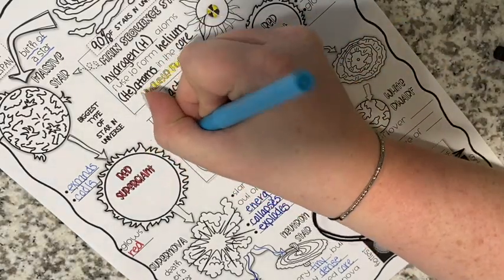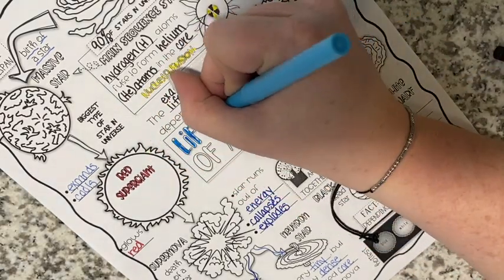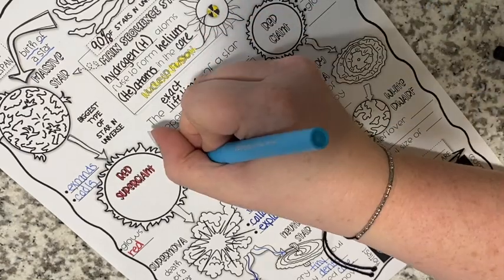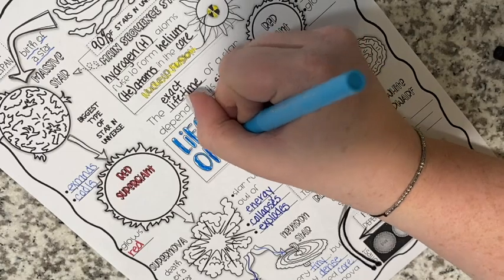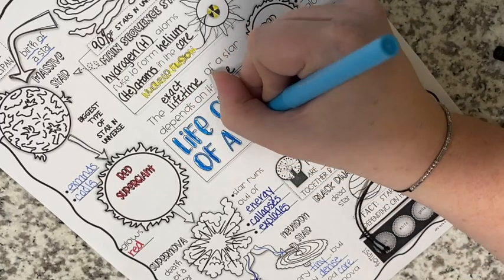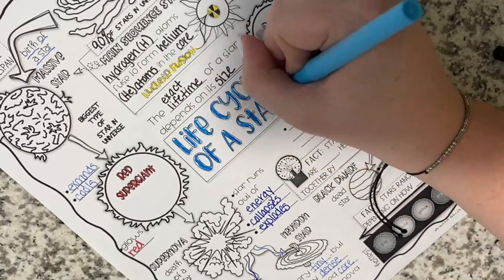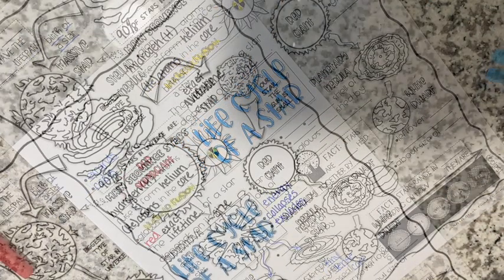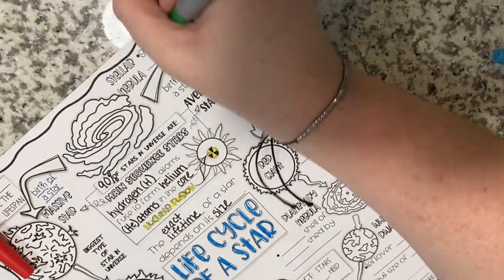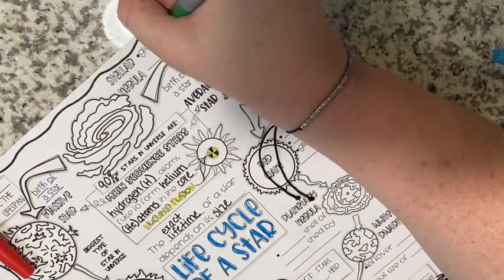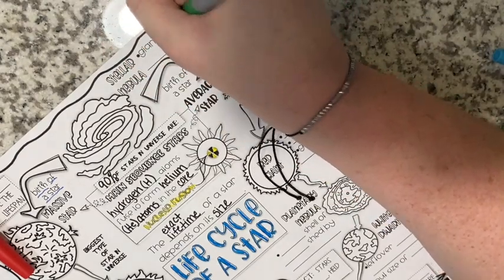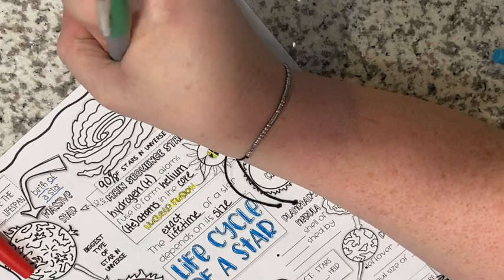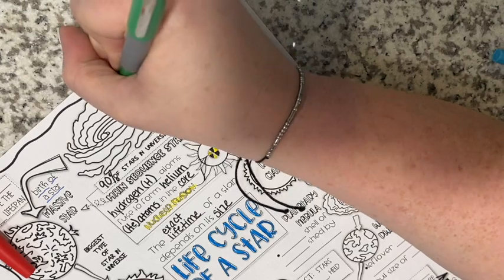Today you're going to be taking some fun doodle notes about the life cycle of a star. The first thing you need to know is that all stars originate in the stellar nebula, which is a giant cloud of gas and dust that's located in space.